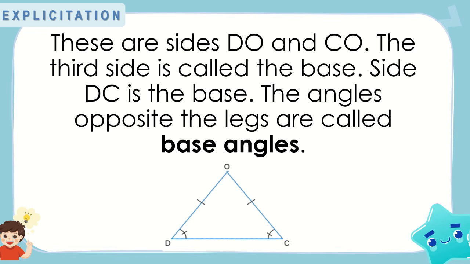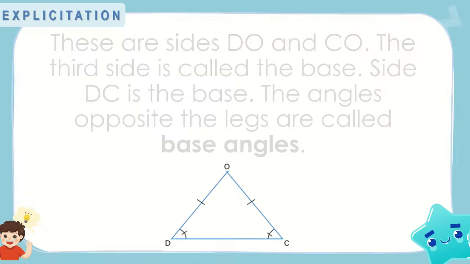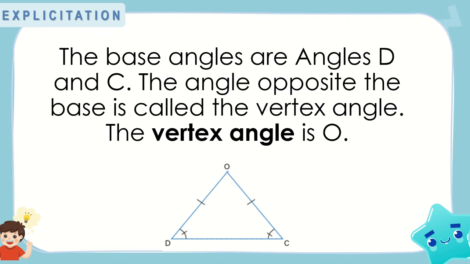Side DC is the base. The angles opposite the legs are called base angles. The base angles are angles D and C. The angle opposite the base is called the vertex angle. The vertex angle is O.